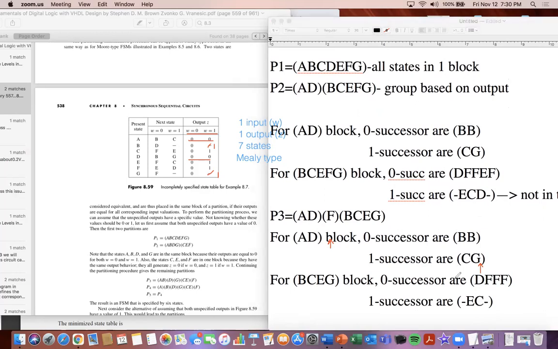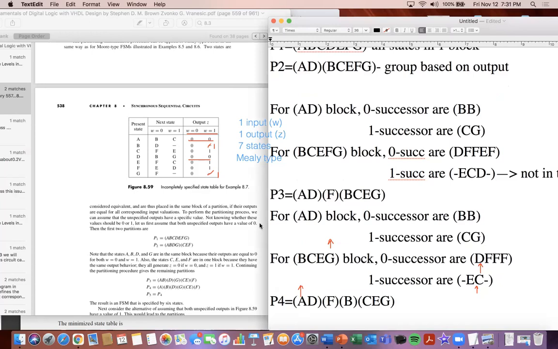I'm just gonna call D out because that's the only one not in that block. So separate B from this. So because that was in its own block, D and F, all the others were in the same one. So let's take F out. So for P4, it's gonna be equal to AD, and then we're gonna have our F, and then we're gonna have our B, separate, partition that one, and we're gonna have CEG.